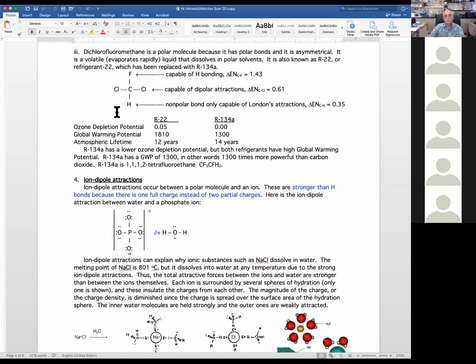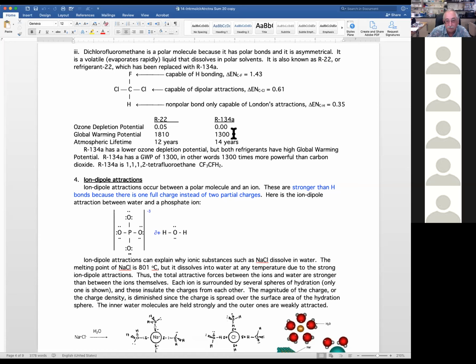So R22 is replaced by 134A. Why? Because the ozone depletion potential goes down to about 0. Global warming potential is lowered. Even though the lifetime is lowered, it's still a benefit. And if you look at this number right here, 1300, what does that mean?